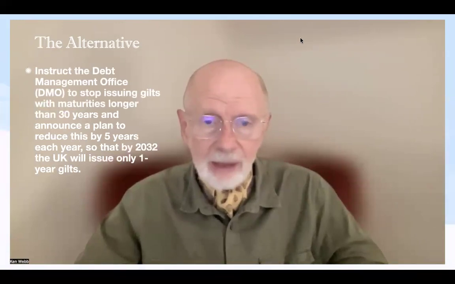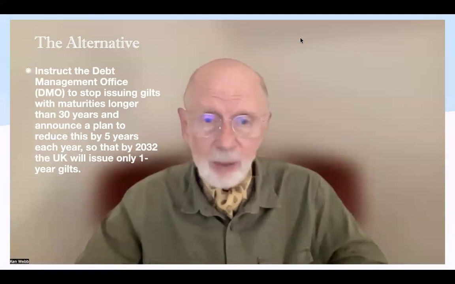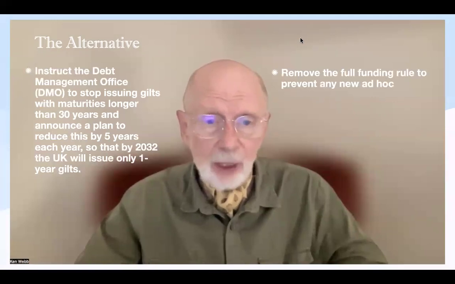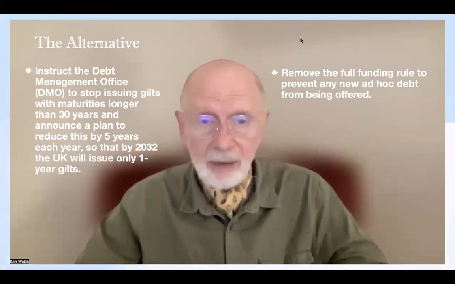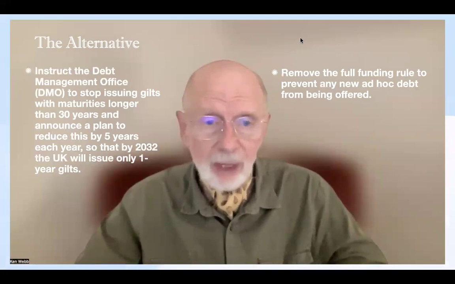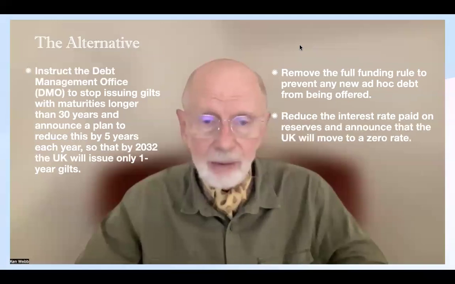Certainly if Scotland were to become independent, they would need to only issue 1 year gilts if it's going to work properly. Secondly, they suggest removing the full funding rule to prevent any new ad hoc debt from being offered. And that's a self-imposed rule. And finally, we need to reduce the interest rate paid on reserves and announce that the UK will move to a zero rate. So that's quite radical.